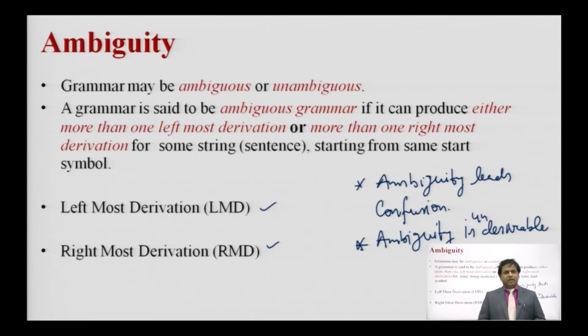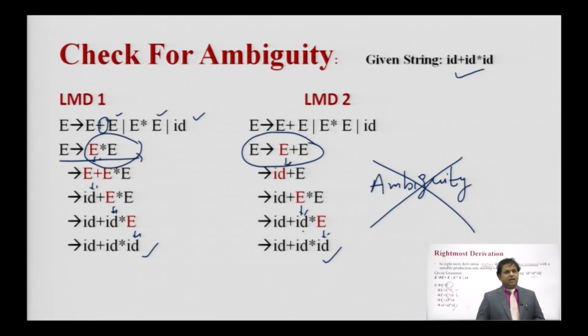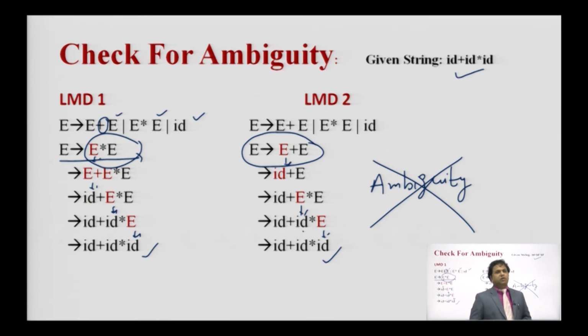So, this can be checked by the leftmost derivation and the rightmost derivation, and we decide that if there is even a single sentence for which you can derive two leftmost derivations or two rightmost derivations, that grammar will be called an ambiguous grammar, and that should be removed.